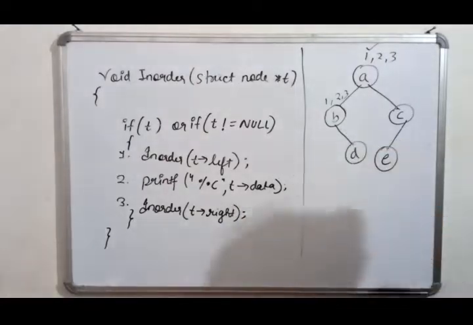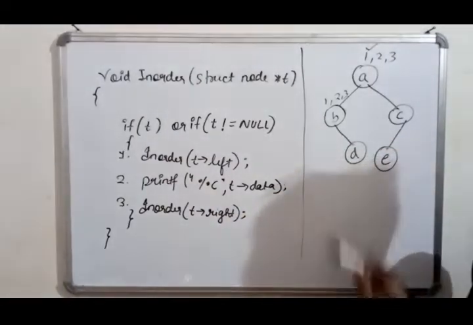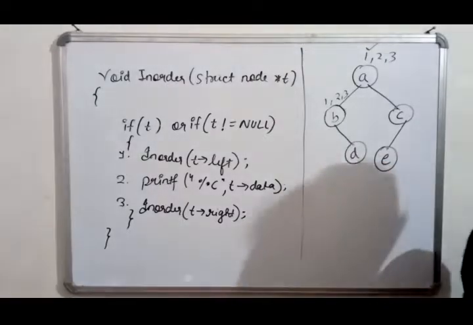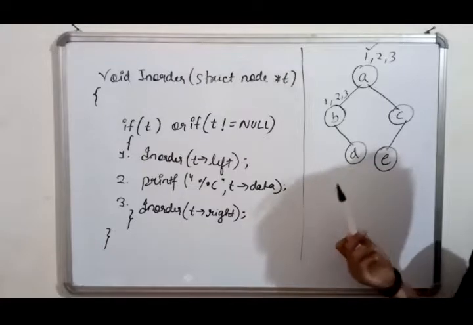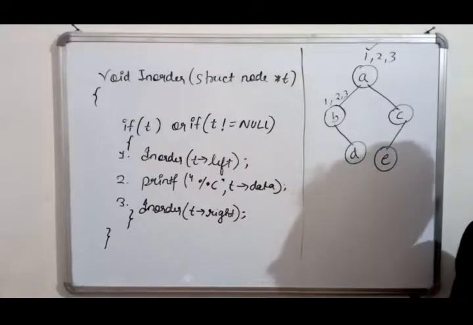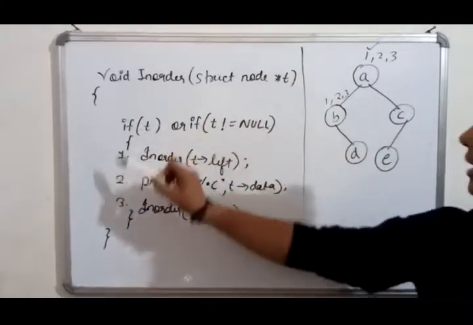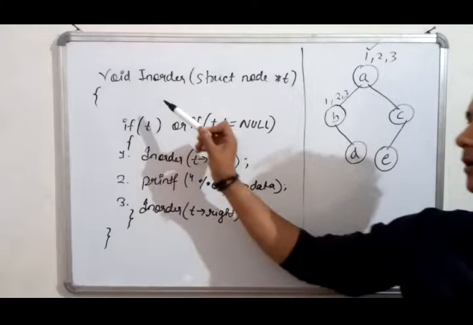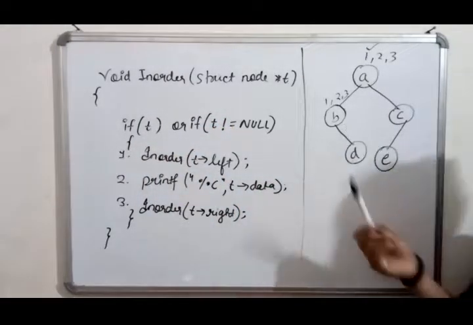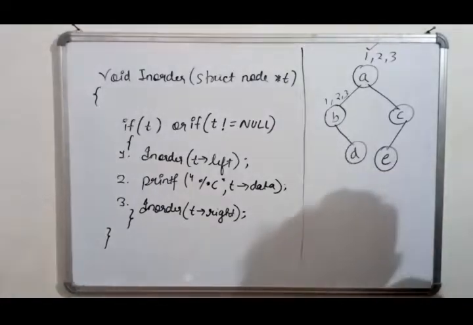First of all, it will execute Inorder with the left of B, but B does not have any left child. In the place of the left child, it has the address null. So it will simply not enter the body of the if. It will simply return whenever we call the Inorder function with the left of it, because it is null.